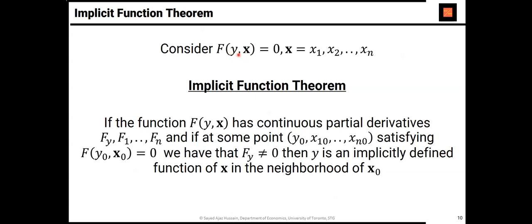You wonder whether y behaves as an implicit function of x's. So first, you need to make sure the left-hand side has continuous partial derivatives. Second of all, there has to be some values of y's and x's where this entire expression is equal to 0. And third of all, at that point, if you differentiate this implicit function with respect to y, that partial derivative cannot be 0. Well, if it is not 0, then y is a function of x in that neighborhood of that point.